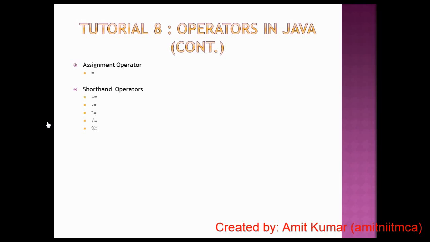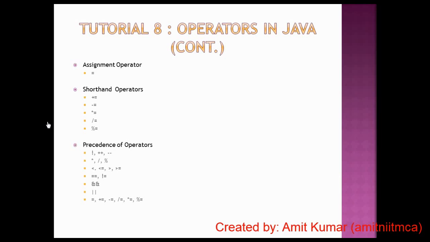Shorthand assignment operators are used as shortcuts for those places where the variable to be operated is also the variable in which we want to assign. In simpler terms, when in an expression the right hand side of the assignment operator and left hand side of the assignment operator have a common variable, then we can use these shorthand operators. I will show you this with help of an example.